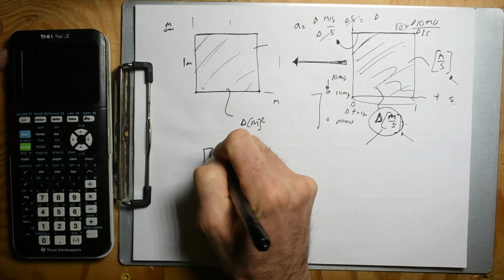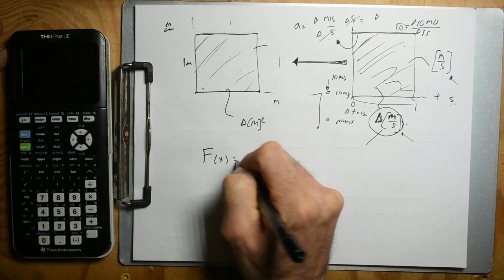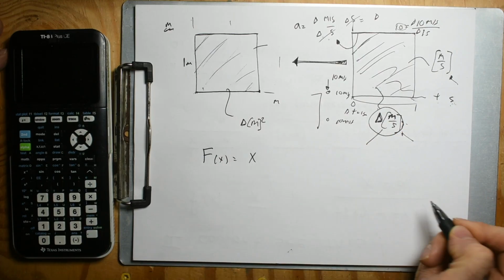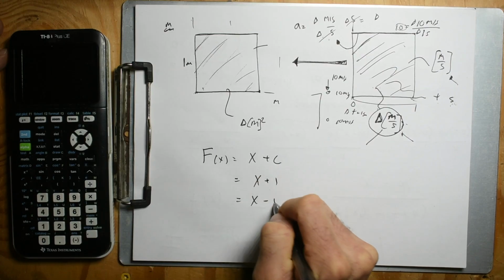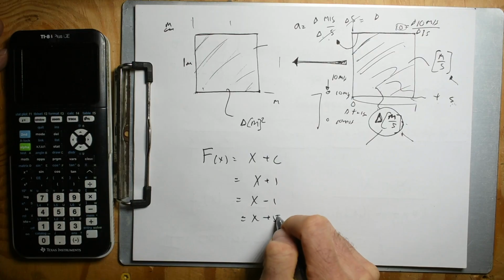Because when you get this capital F integral, it's a family of equations. It represents x plus a constant. That means it's x plus 1, x minus 1, x plus 5.